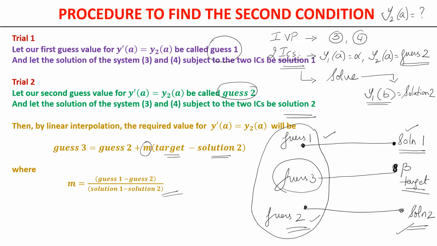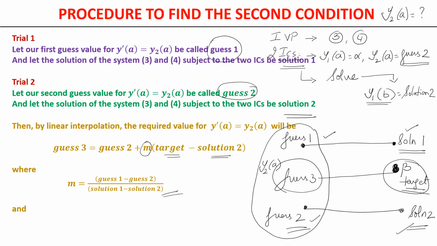So once we use this linear interpolation formula, we will be able to obtain the value of guess 3, which will be chosen as y2 of a, and once the problem is solved, the value that we'll be getting will be very, very close to the target beta.